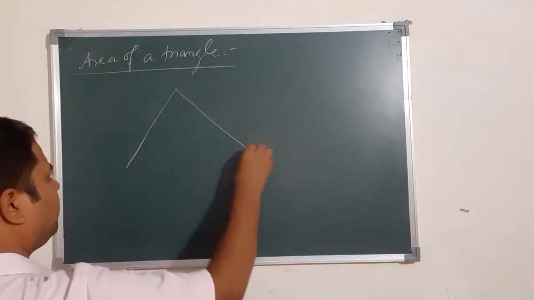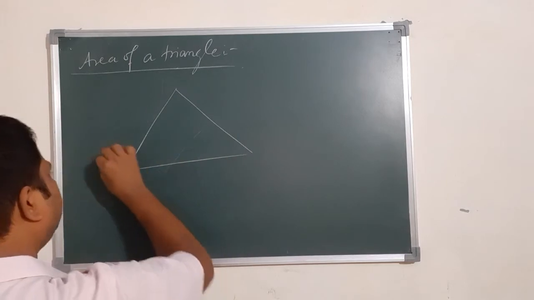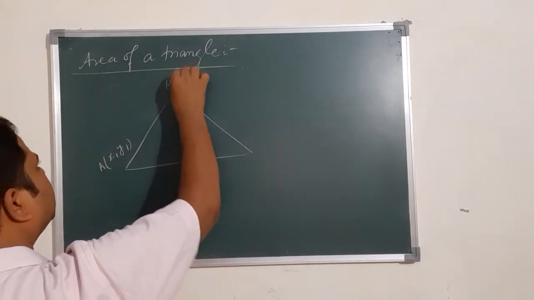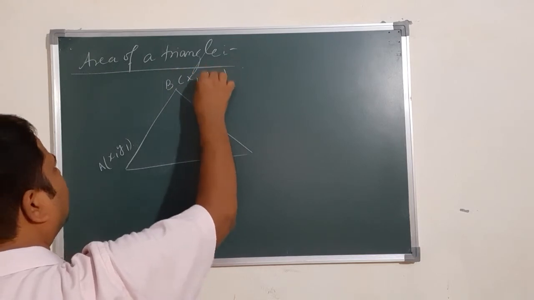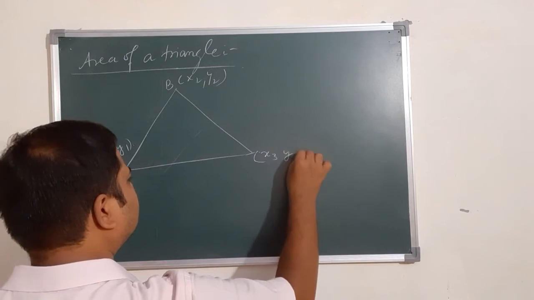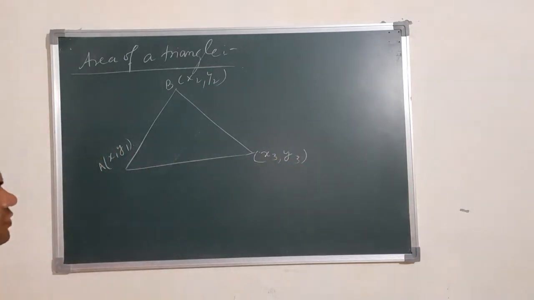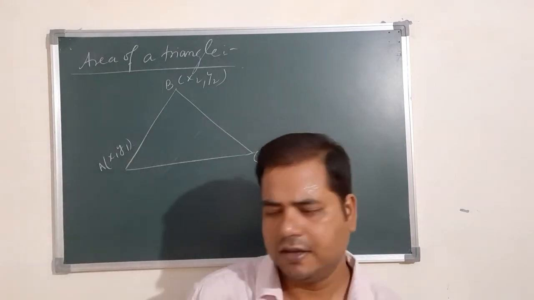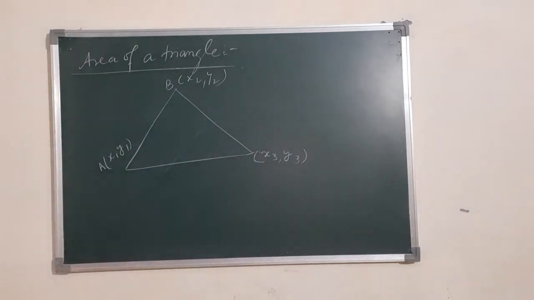Suppose we have a triangle ABC with A (x1, y1), B (x2, y2) and C (x3, y3). This is the triangle whose vertices are (x1, y1), (x2, y2) and (x3, y3). So how will we find the area? It is very simple.